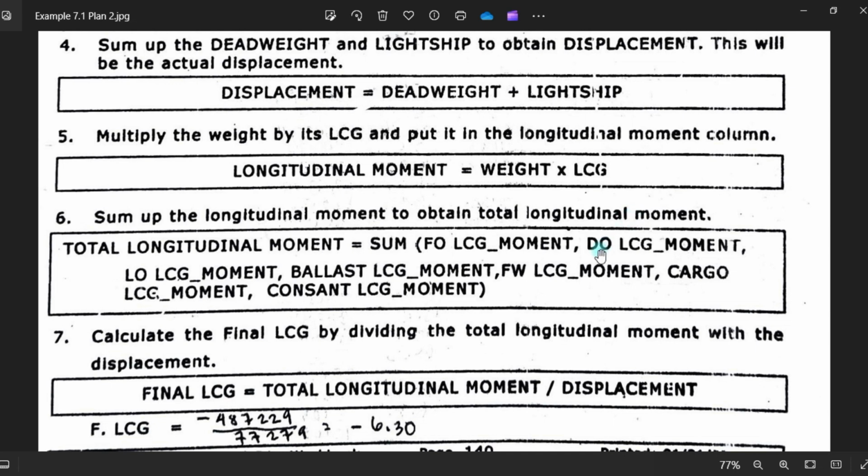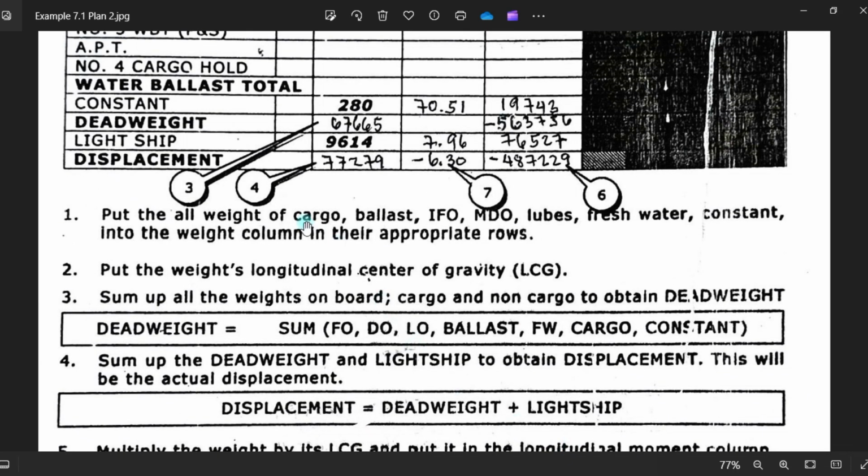so let's continue, guys. So here we have this total displacement, or final displacement, of 77279, and this will be our longitudinal moment of negative 487229. Now this longitudinal moment divided by this displacement will be negative 6.30.